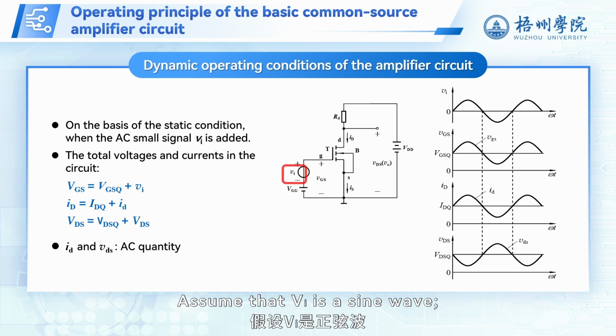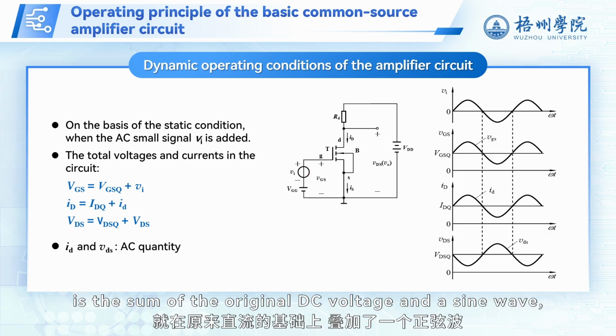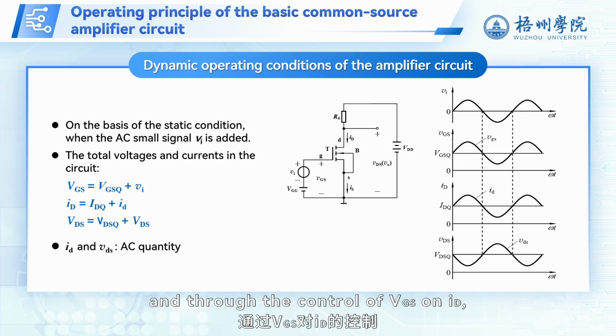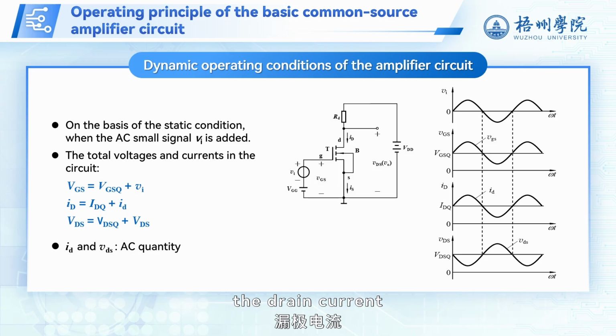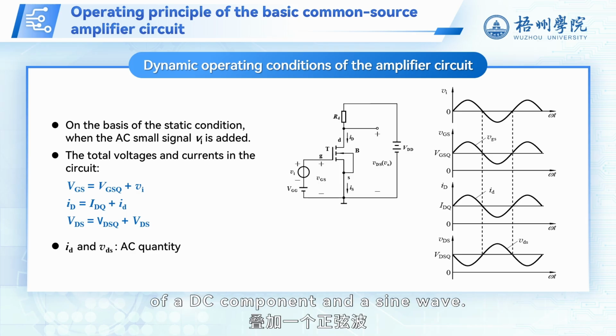Assume that v_I is a sine wave. Then the gate-to-source voltage v_GS is the sum of the original DC voltage and a sine wave. And through the control of v_GS on i_D, the drain current also becomes the superposition of a DC component and a sine wave.